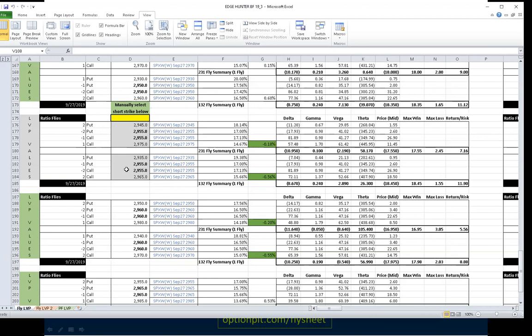Because once you start moving outside the straddle for your fly width, unless there's a lot of edge, your diminishing returns are pretty fast. The risk reward profile gets all out of whack. Doesn't mean you can't make money, it just changes the risk reward profile.